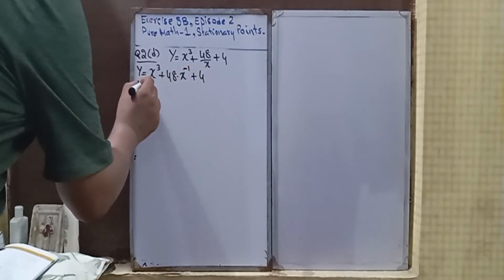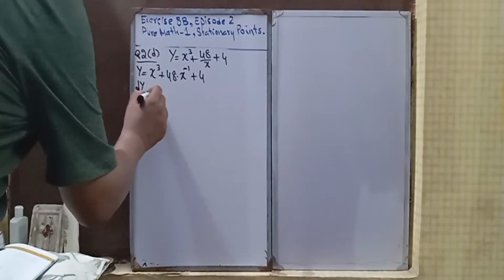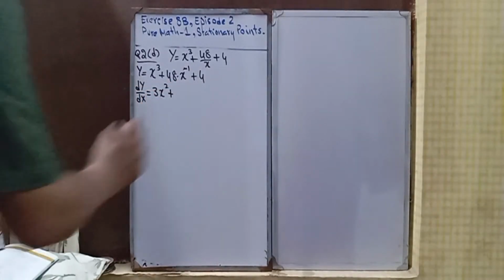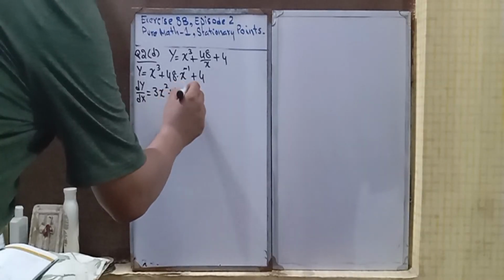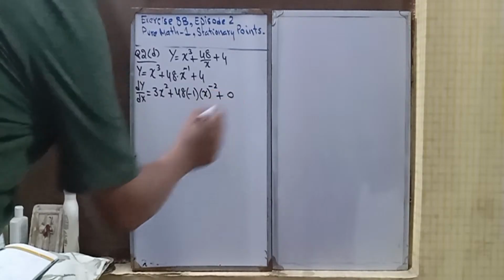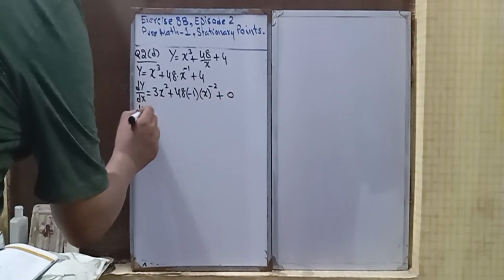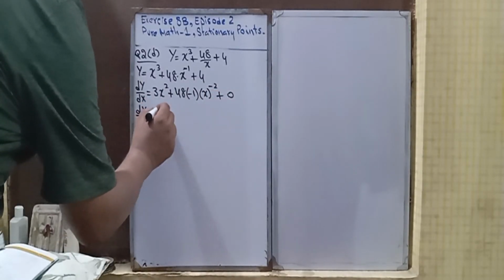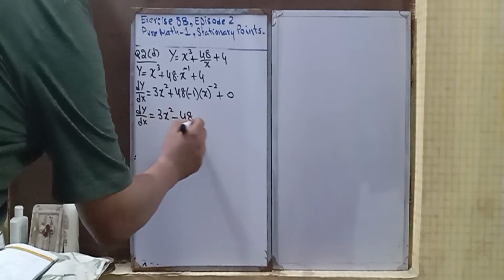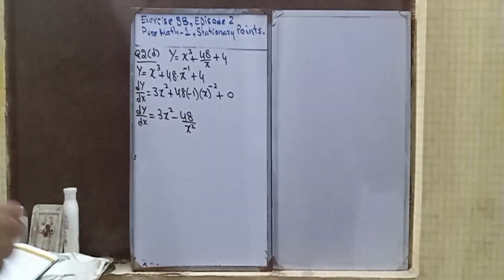So you will have dy by dx equals 3x square plus 48 into minus 1 into x raised to power minus 2 plus 0. So dy by dx will be equal to 3x square minus 48 divided by x square.